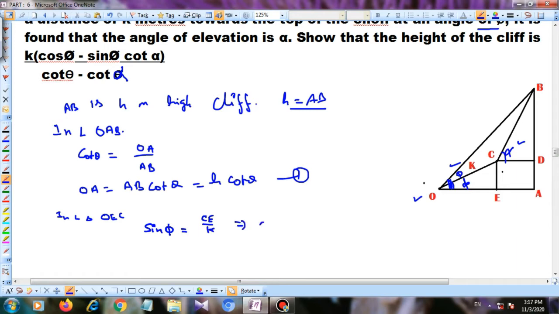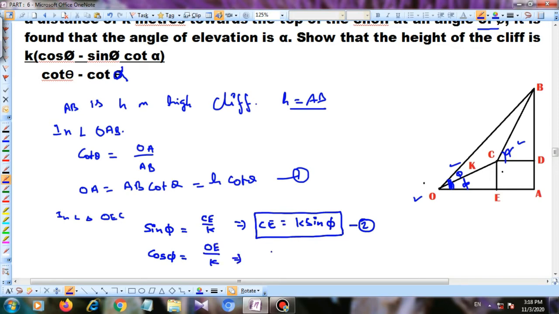So this implies that CE will be K sin phi. And cos phi equal to OE upon K. So this implies that OE will be K cos phi.